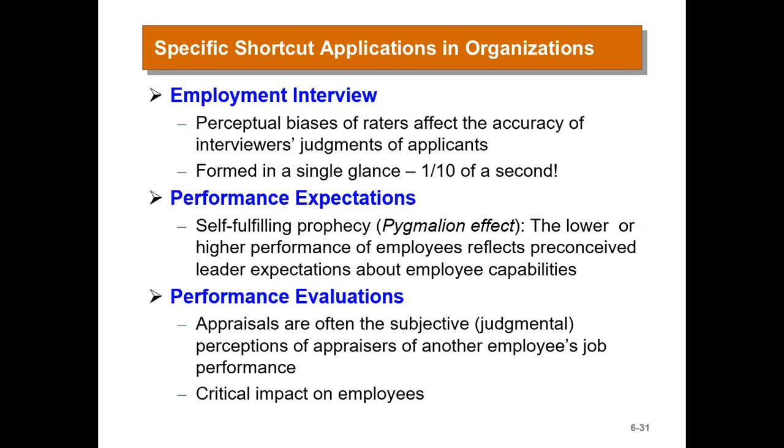So perceptual bias of raters affects the accuracy of interviewers' judgment of applicants, and it's there. It's like that, right? So that image that I had about this person, saying that the way he was sitting, I understood he's a very arrogant person. So I'm going to be judging this person from that point of view. I will not budge.